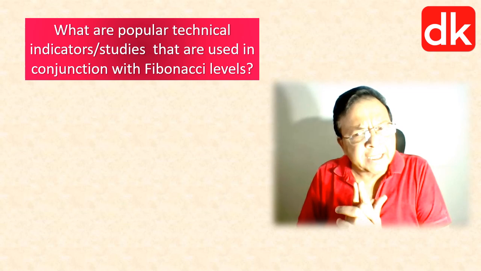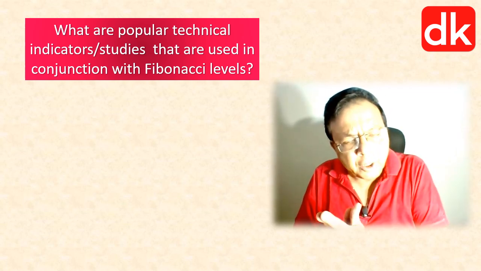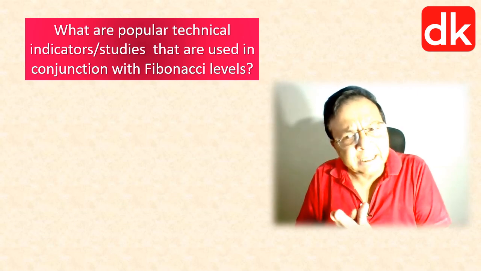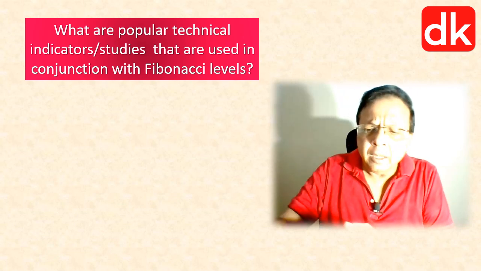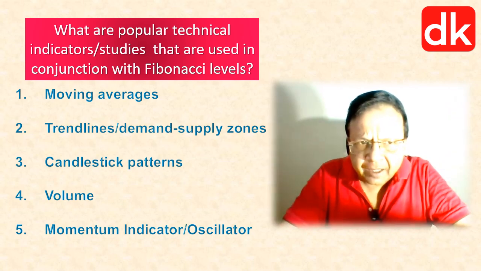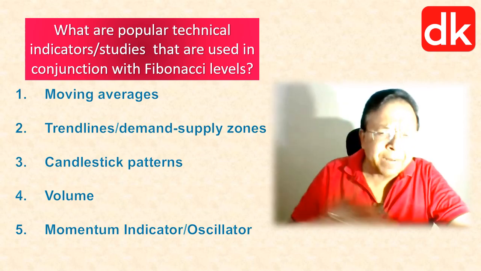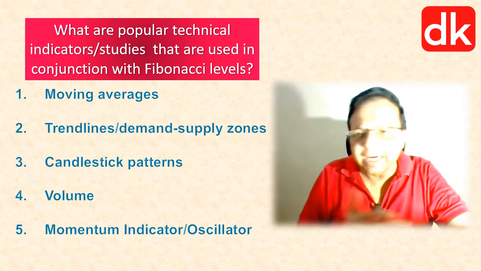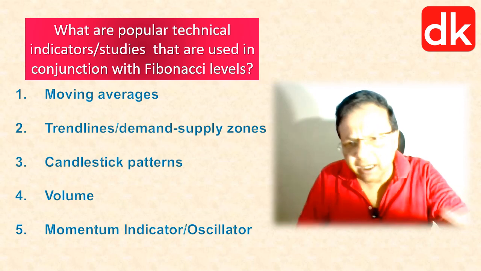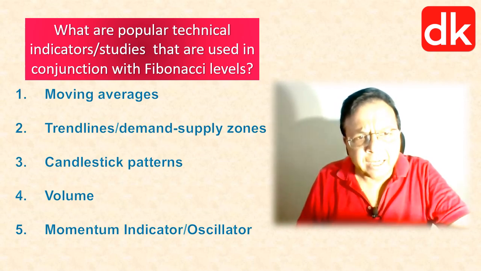Because Fibonacci retracement level on a standalone basis is not enough to design a profitable trading strategy. So there are moving averages, and trend lines, which we draw on the price chart, either a rising trend line or a falling trend line, depending upon which phase of the market you are looking at.